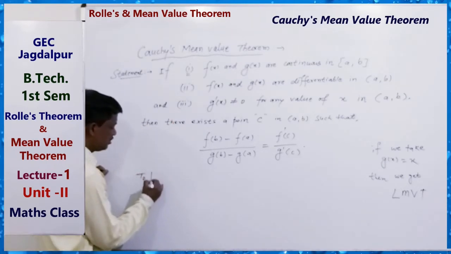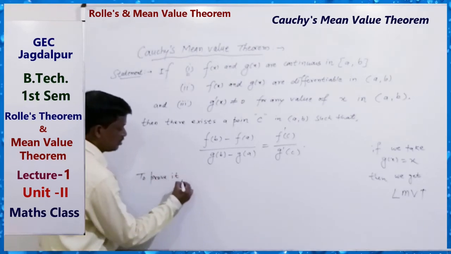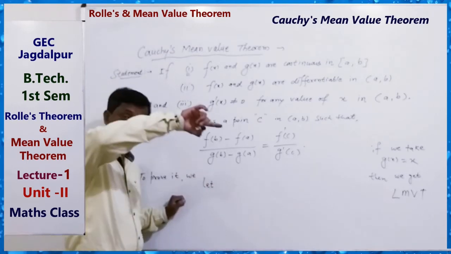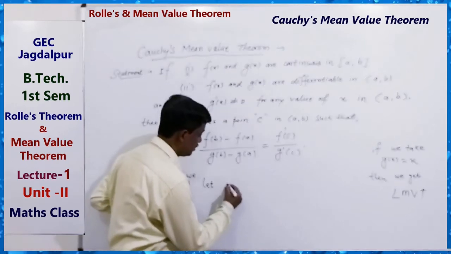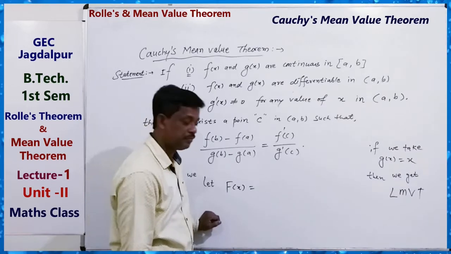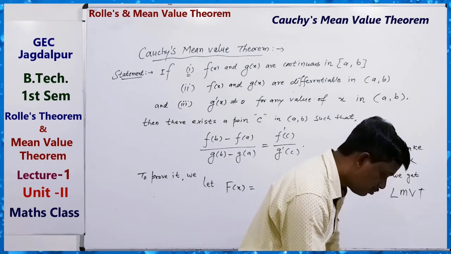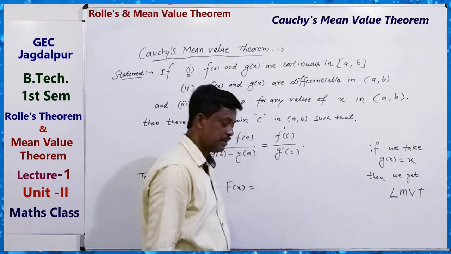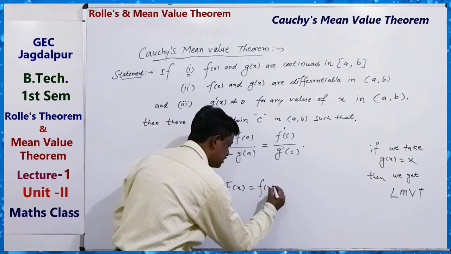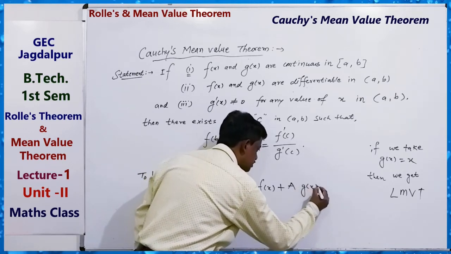To prove it, just like in the proof of the Lagrange mean value theorem, we suppose F(x) = f(x) + a·x, and in place of x just put g(x).